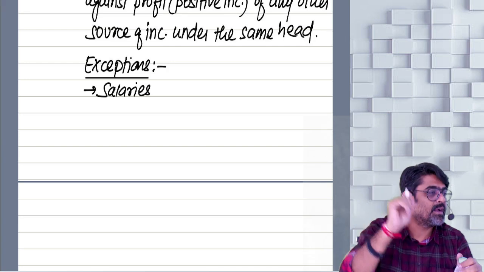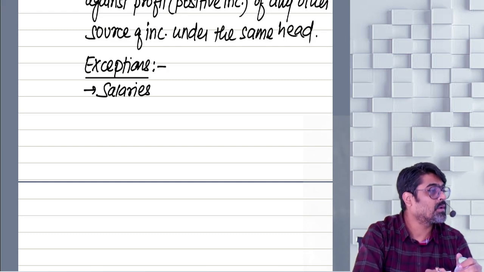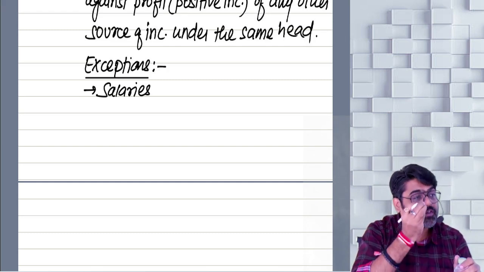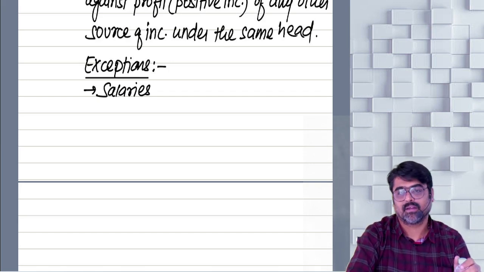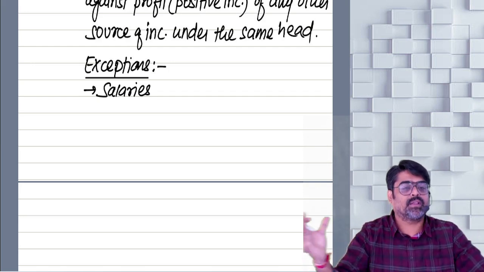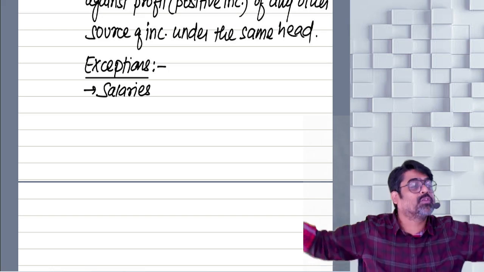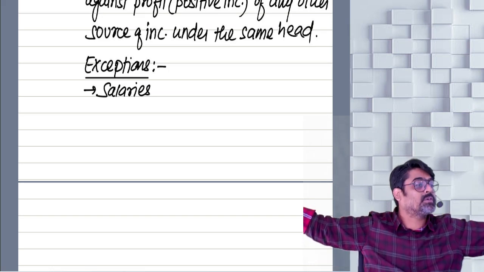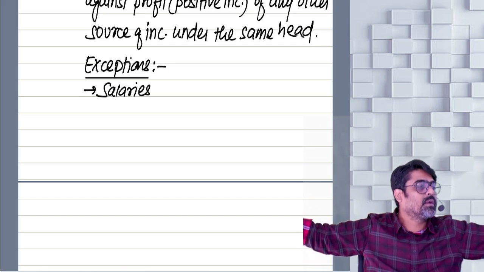Go to the salary head. The income is taxable. Everything you receive from your employer, even if you receive peanuts, will be your salary. So multiple things are treated as your income. Income is this much, and just imagine what type of deductions you get there.